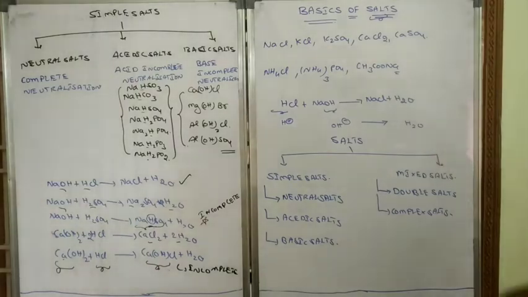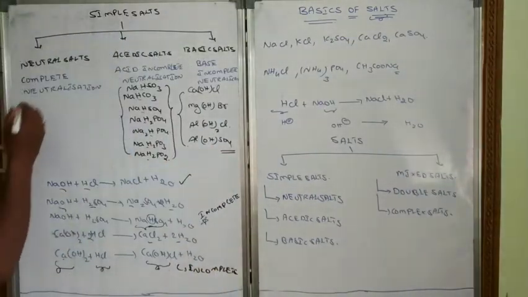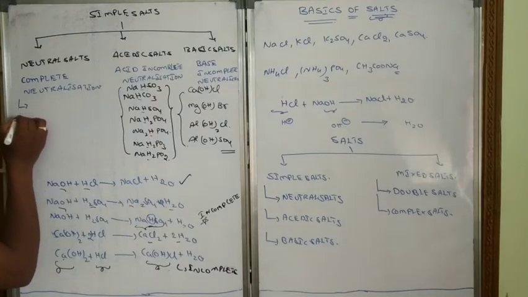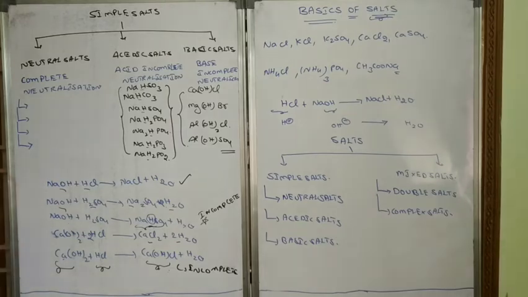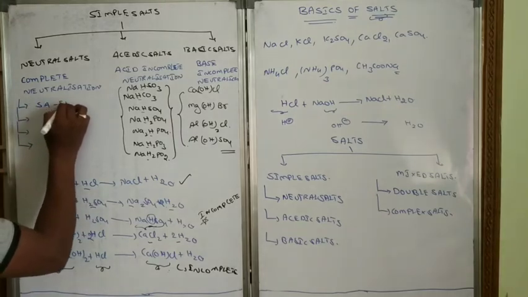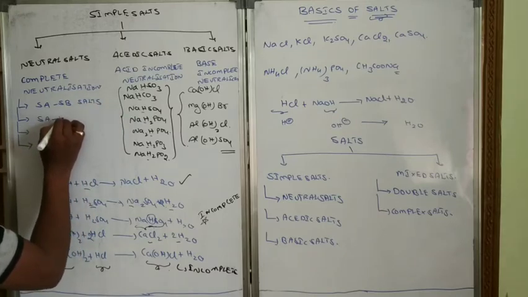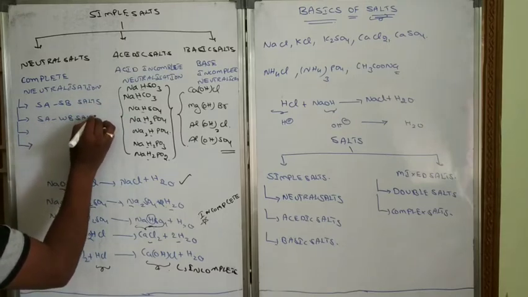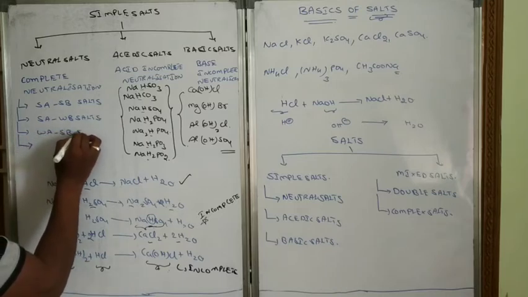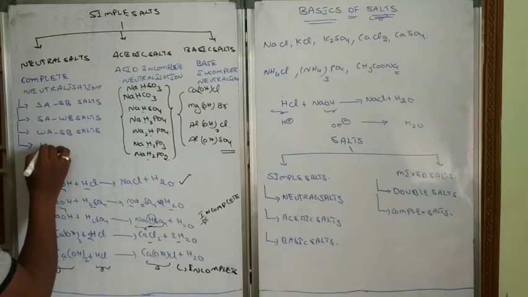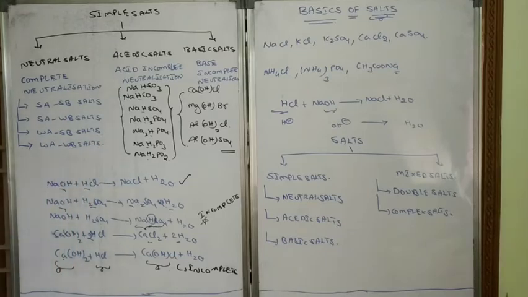Next, come to the neutral salts. This is an important thing. Listen carefully. These neutral salts are again classified into 4 types: strong acid strong base salts, strong acid weak base salts, weak acid strong base salts, and weak acid weak base salts.